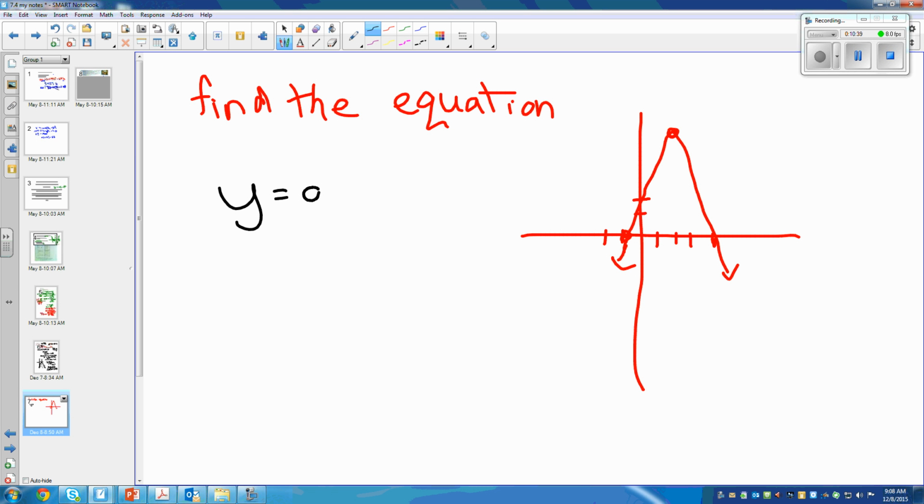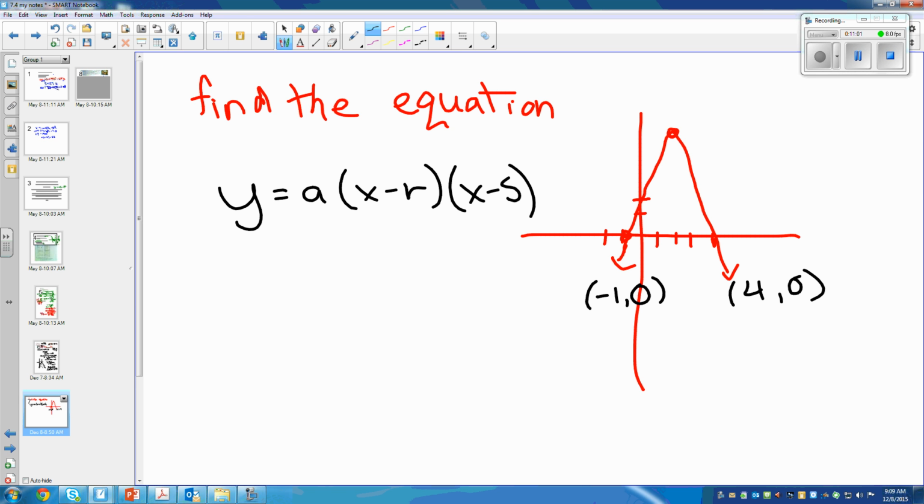So what's our new form? Y is equal to a bracket x minus r bracket x minus s. Okay? And what's r and s? Your x-intercepts. So what's my x-intercepts? Here it's -1, 0. And here it's 4, 0, right? Those are my x-intercepts.